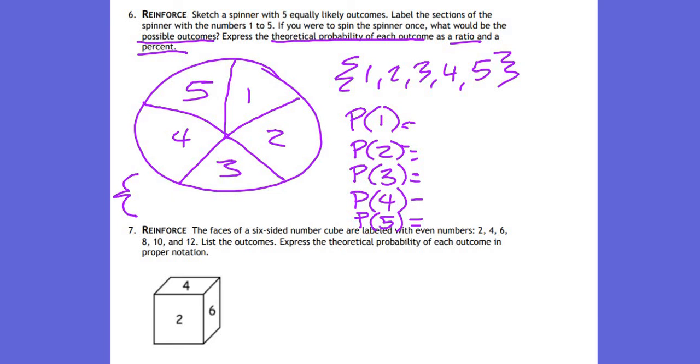Says list the outcomes, just like we did above. Express the theoretical probability of each, just like we did above. Does it say how they want it, the theoretical probability? No. So I could leave it as just a ratio or just a percent or both, whatever you want. So this one's done a lot like the top one. All we have to do is the same thing, pretty much. And you have enough time to probably knock that out right now.